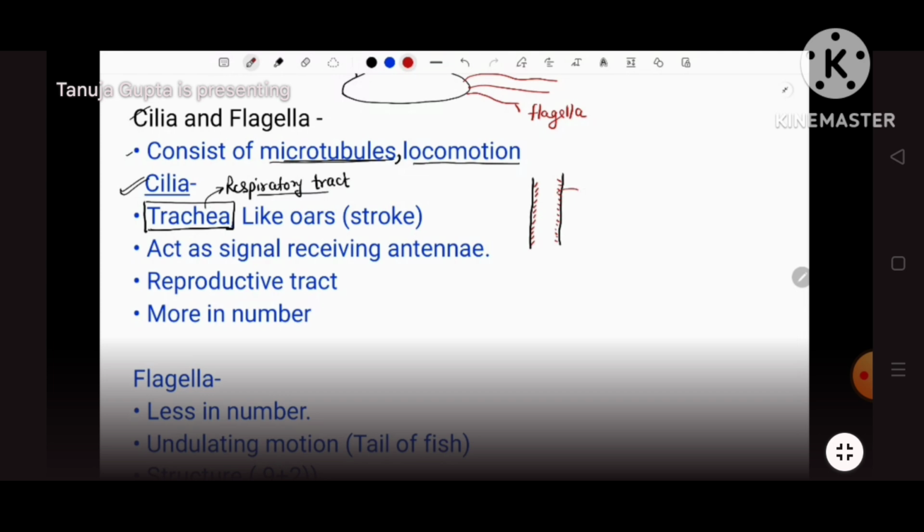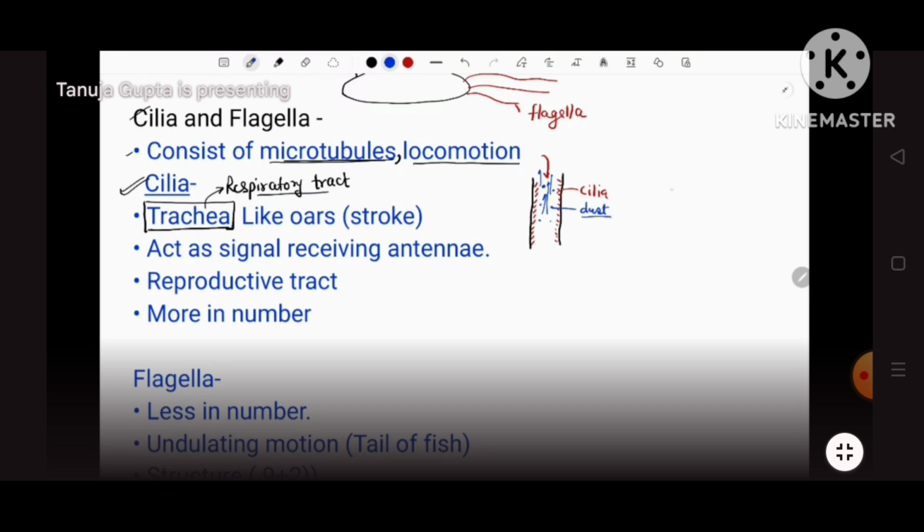So what is the role of cilia? Suppose we are inhaling air; along with that air some dust particles come over here. So what does it do? This cilia pushes them backward, out of the trachea, so that these dust particles cannot enter into our lungs.